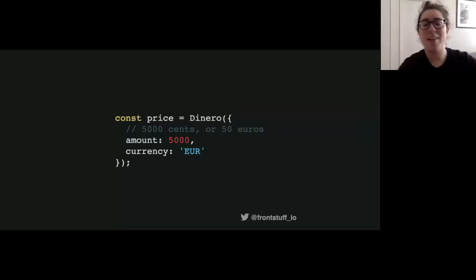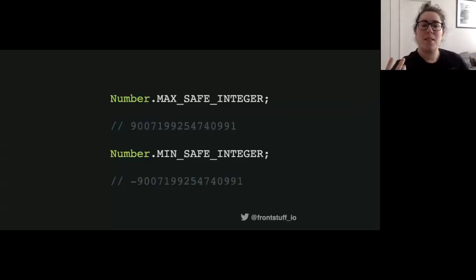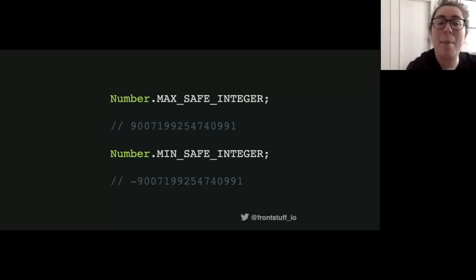Awesome. Well, something that I did not realize back then is that there is another side to the floating point math coin. Because, for example, you cannot represent amounts below or above a certain threshold. If you do Number.MAX_SAFE_INTEGER or MIN_SAFE_INTEGER, you will get the minimum and maximum number that you can represent with this type.